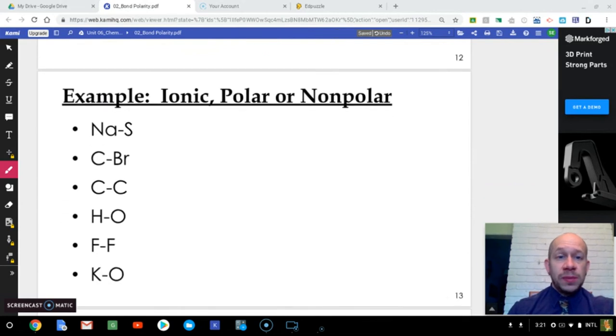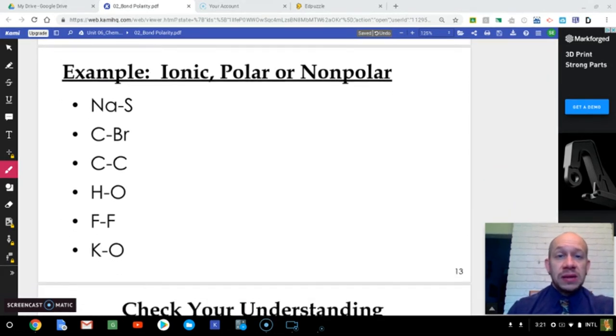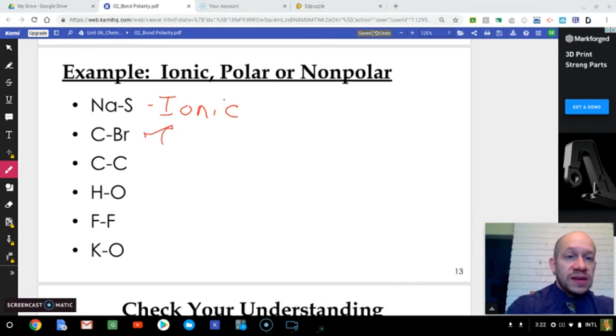So for an example, is this ionic, polar, or nonpolar? The first thing you're going to look for is if there are metals and nonmetals. Sodium and sulfur has a metal and a nonmetal, therefore this is ionic. Carbon and bromine are both nonmetals, therefore this is covalent.